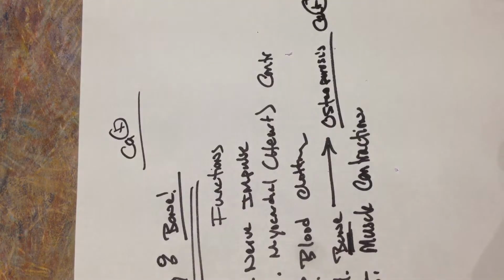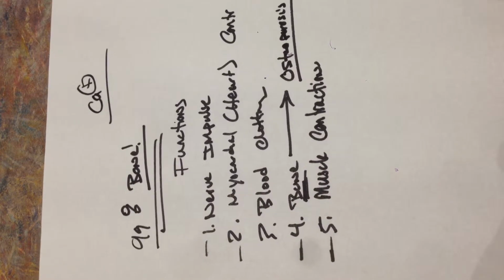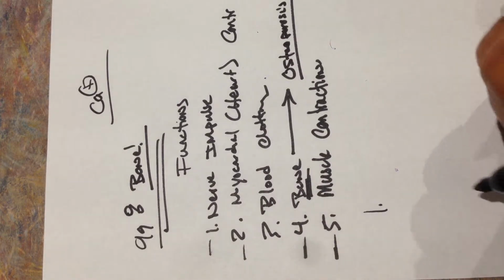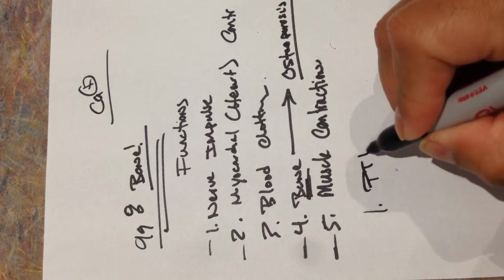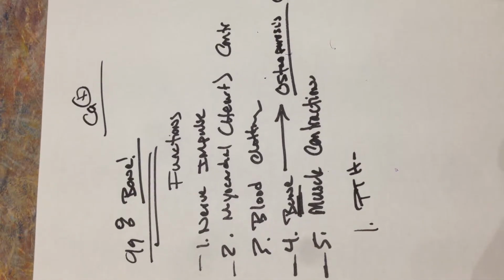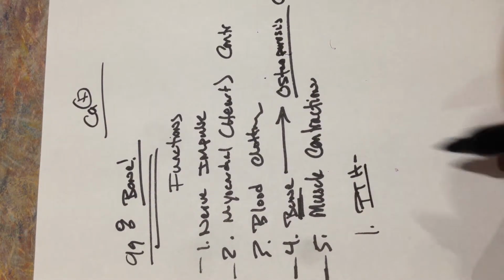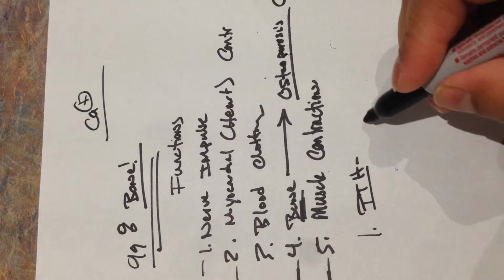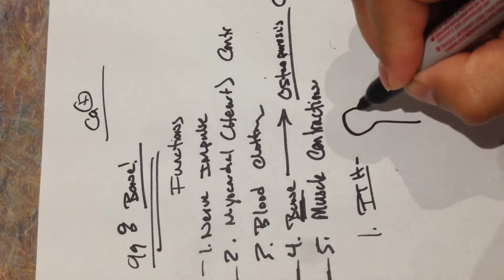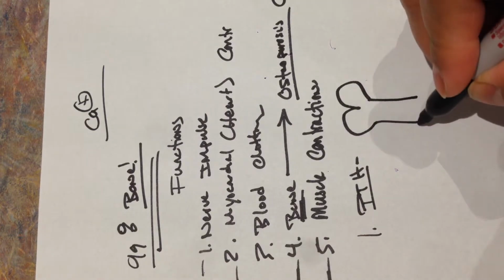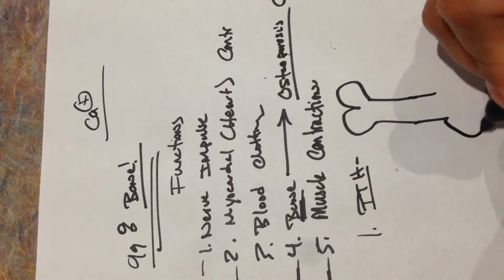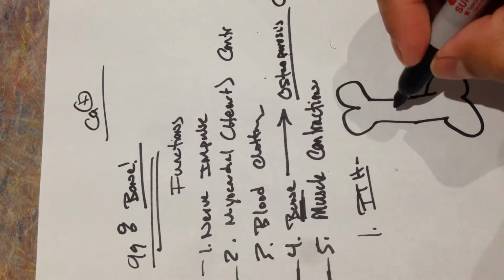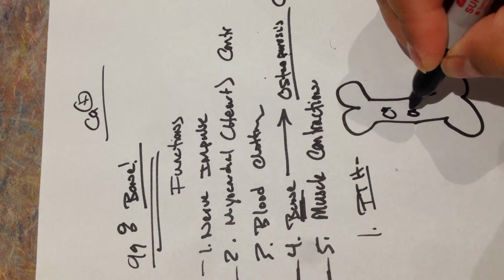Now, what is calcium controlled by? Number 1, parathyroid hormone. What PTH does is it increases bone resorption. Let's draw, I'm not a very good artist, but let's say that this is a bone here. Inside you have calcium stored.